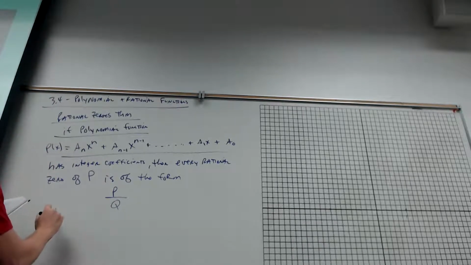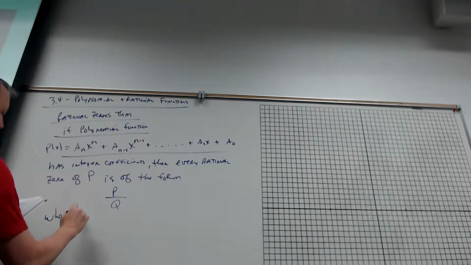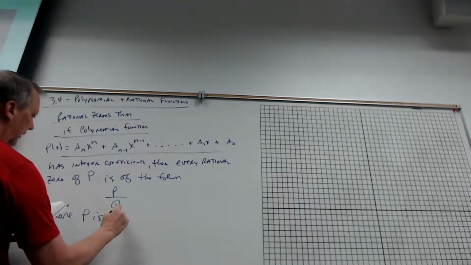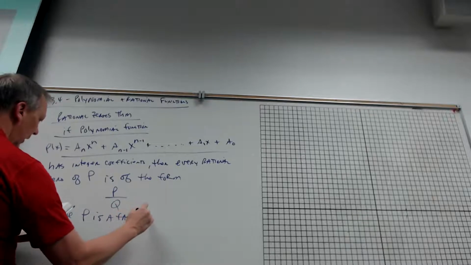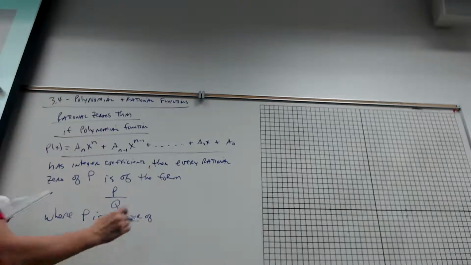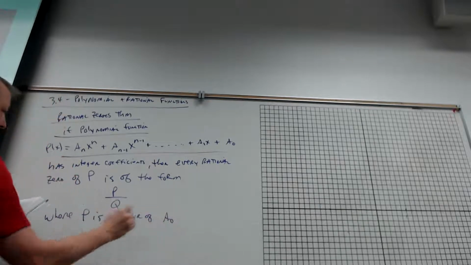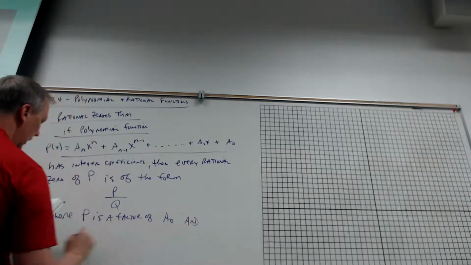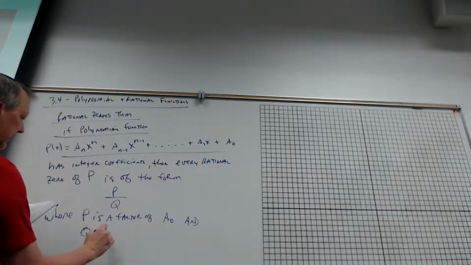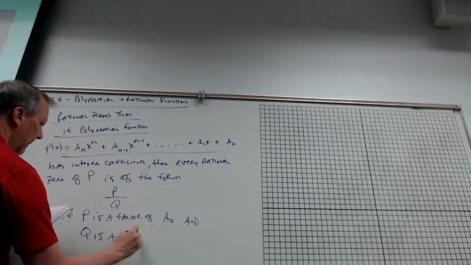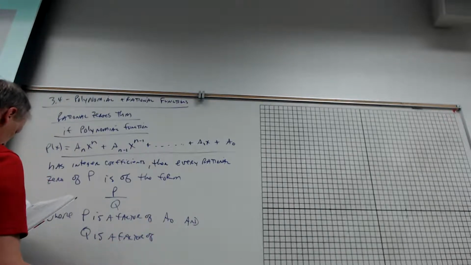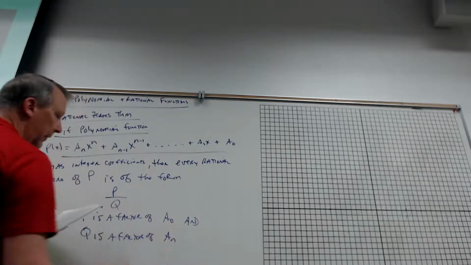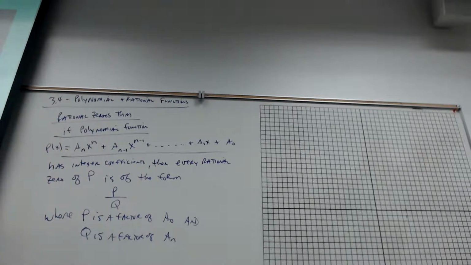Where P is a factor of a sub 0 and Q is a factor of a sub n. Okay?